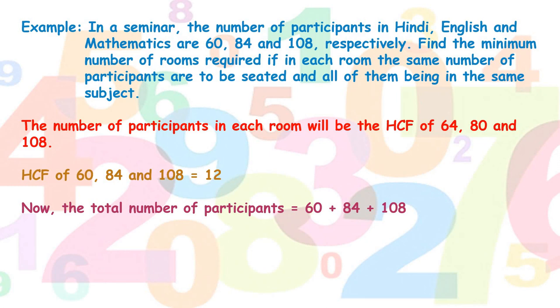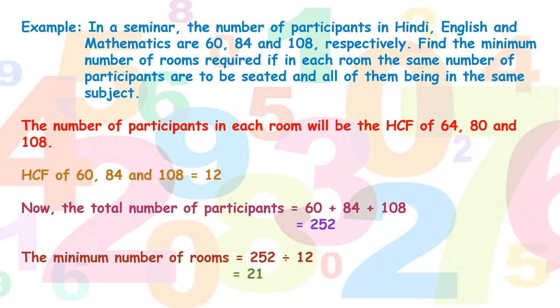How much will it be? Very easy to add. Correct, 252. So in one room there are 12 participants and the total number of participants is 252. So what will be the number of rooms? You will divide, and how much will you get? Correct, 21.